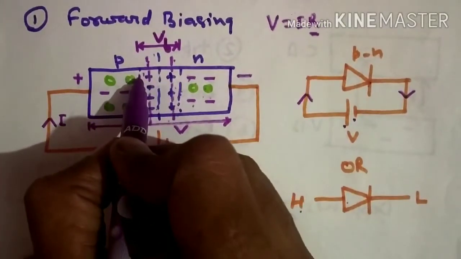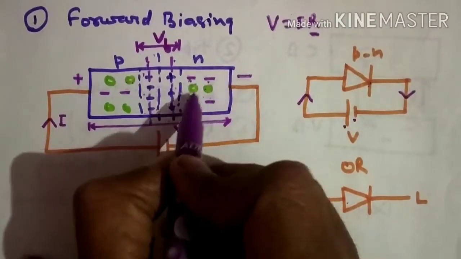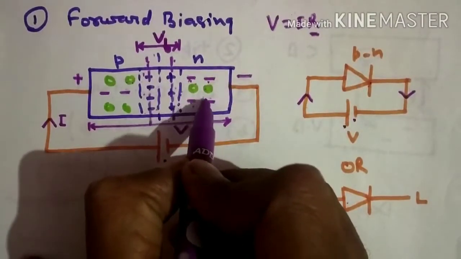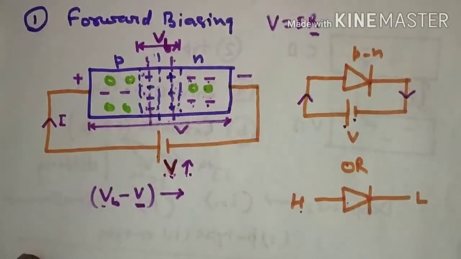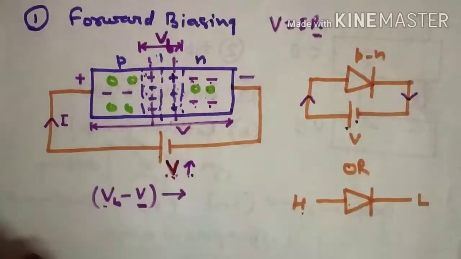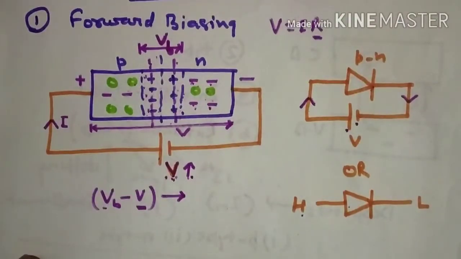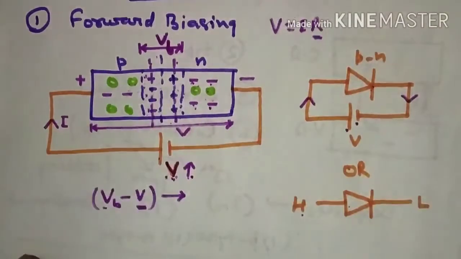So the negative charge current carriers, the electrons, will cross the junction and start depositing in this region. And here the electrons are in minority. So such type of motion of current carriers is known as minority carrier injection.